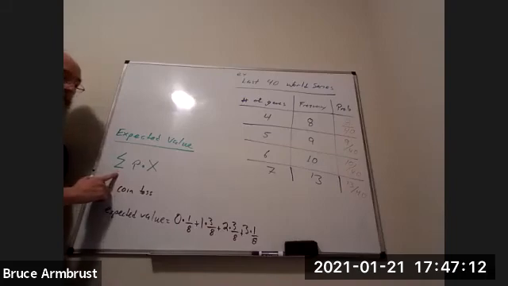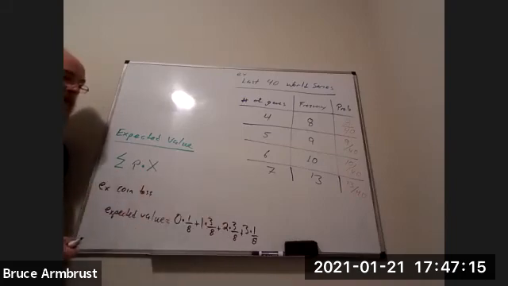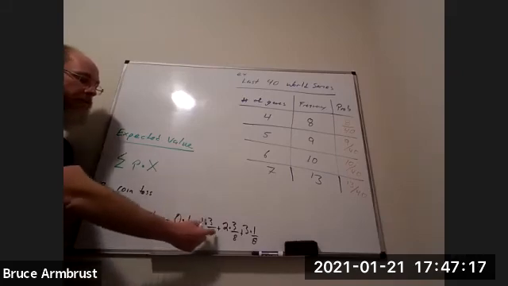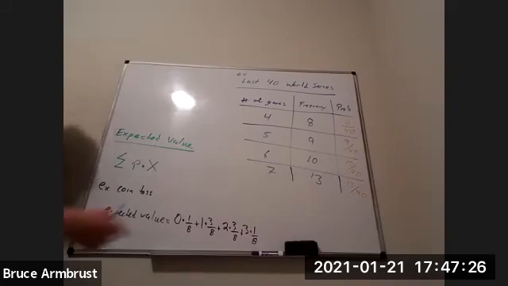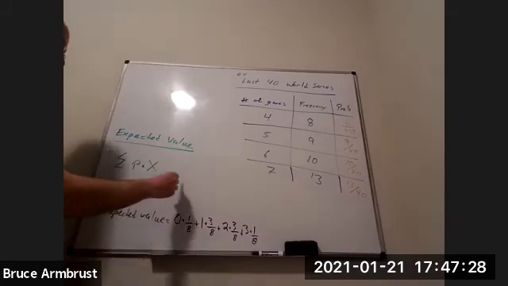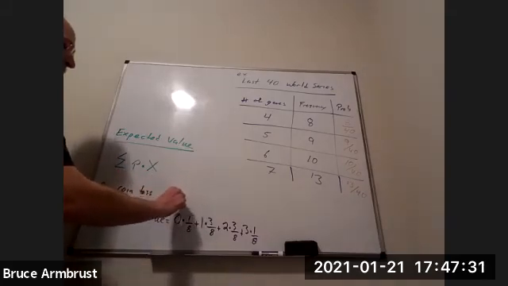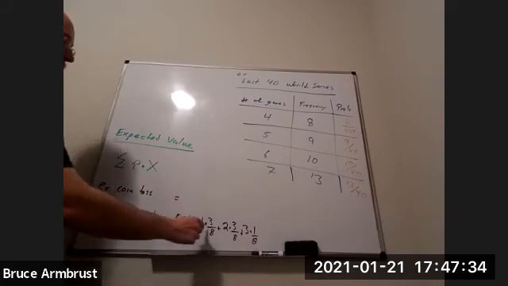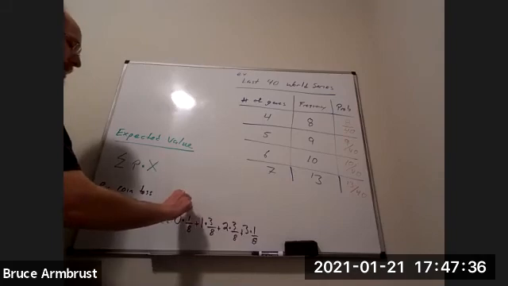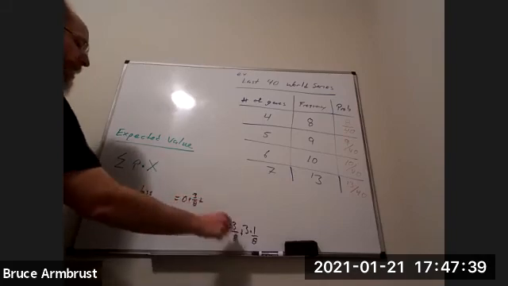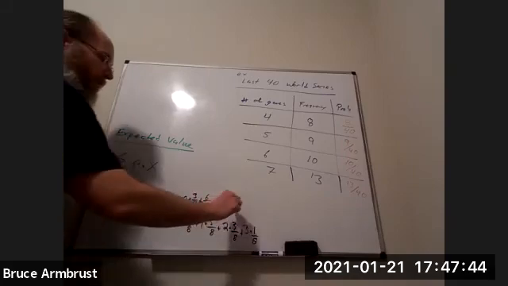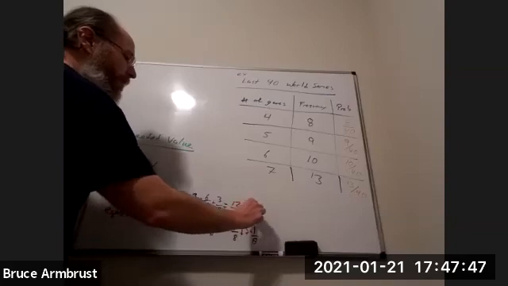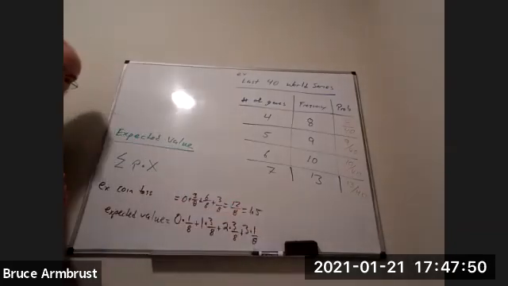Remember, this symbol means sum, so I'm adding stuff up, and what I'm multiplying together are the values times their probabilities. Let's add this up and see what we get. This expected value is going to be 0 plus 3/8 plus 6/8 plus 3/8, which is 12/8, or 1.5.